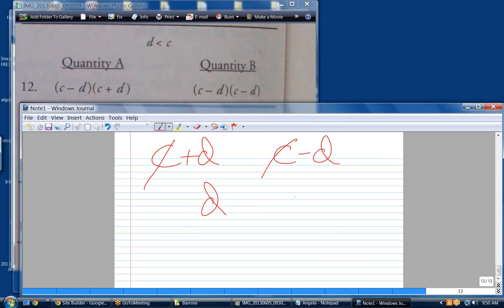So now I'm really comparing d with minus d. Oh, okay. And it doesn't really matter that d is less than c. It only matters that d can be positive or negative, so I can't tell which of those is bigger. It is actually much easier to analyze once you eliminate everything and you're comparing d with minus d.